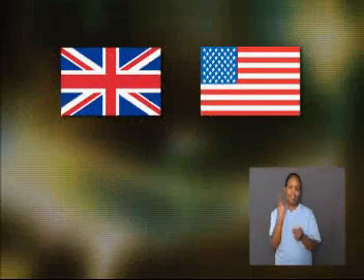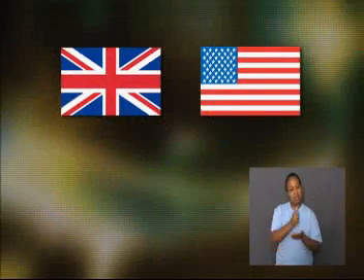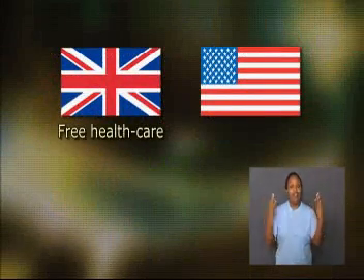Not all countries have the same kinds or the same number of benefits. For instance, while Ethiopians enjoy the benefit of free state education up to the secondary level, not all countries have this benefit. In some countries, healthcare is free.